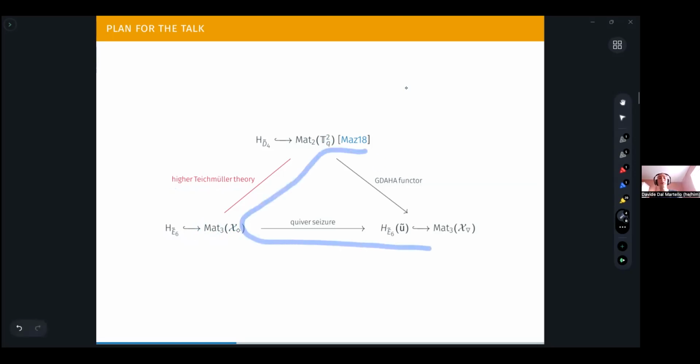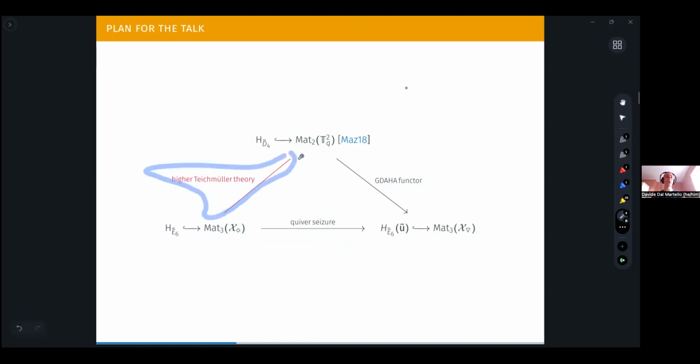All you see here is basically the rest of what happens in the paper. If I find myself with a bit of time in the end, maybe I can mention something. But at least as a minimal goal for today, I really want to introduce you to this higher technical theory machinery, the derived machinery we constructed, and the explicit construction of this one.